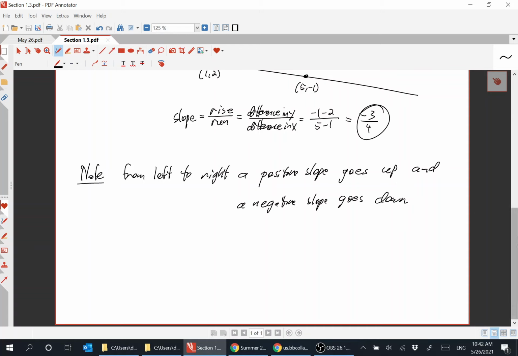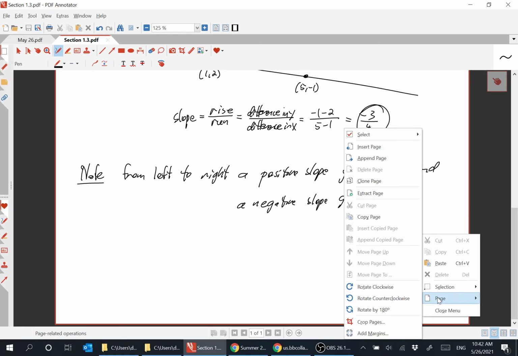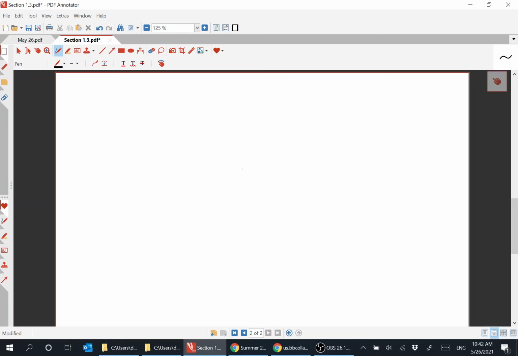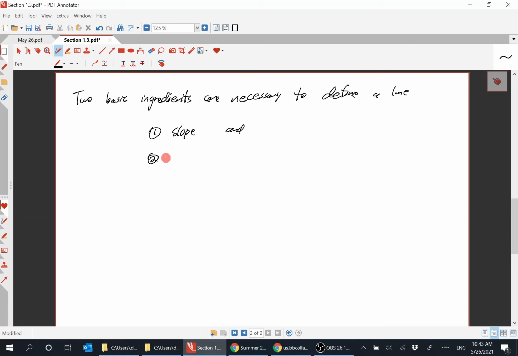So now there are two basic ingredients that are necessary to define a line. One, the slope, and two, a point on the line.